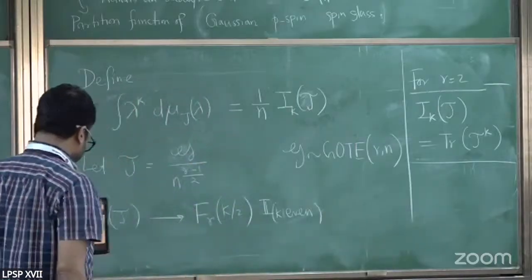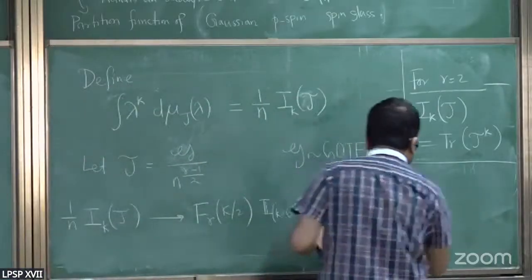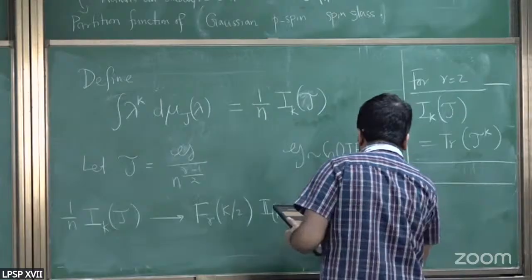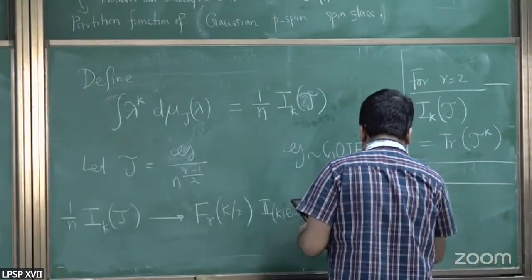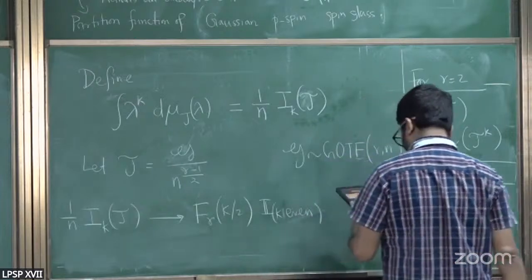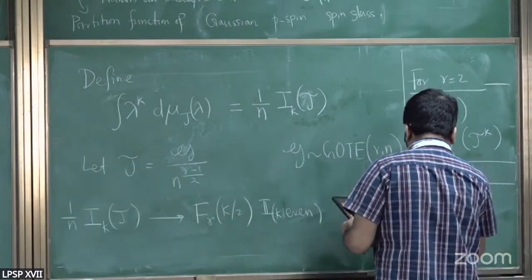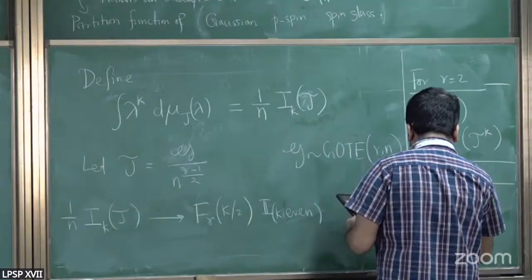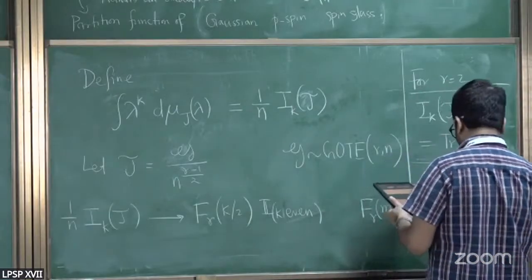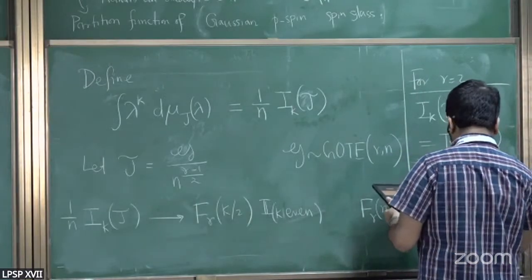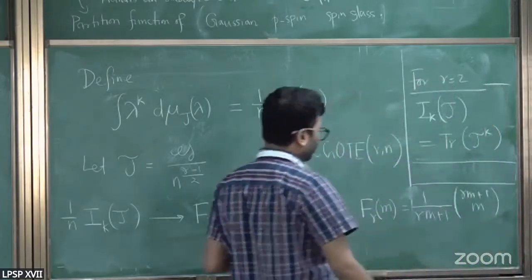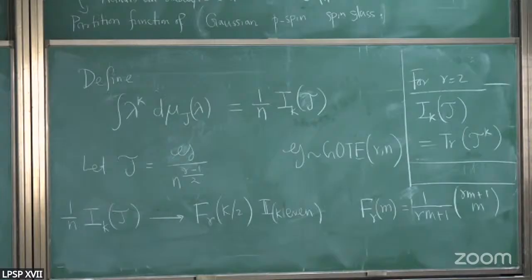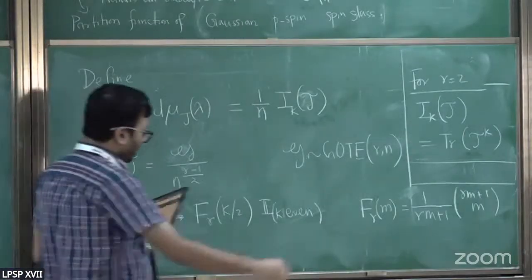Okay, so if R_m is 1 over (rm plus 1) times binom(rm plus 1, m), these numbers are called Fuss-Catalan numbers.